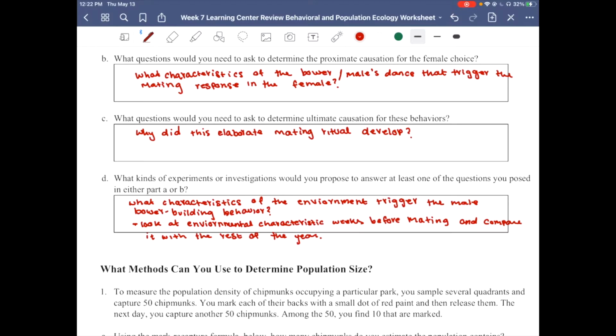Okay, next we're going to be switching gears to look at population. Before we move on, do you guys have any questions on any of the questions that we've done so far, or how to determine between ultimate versus proximate causes?